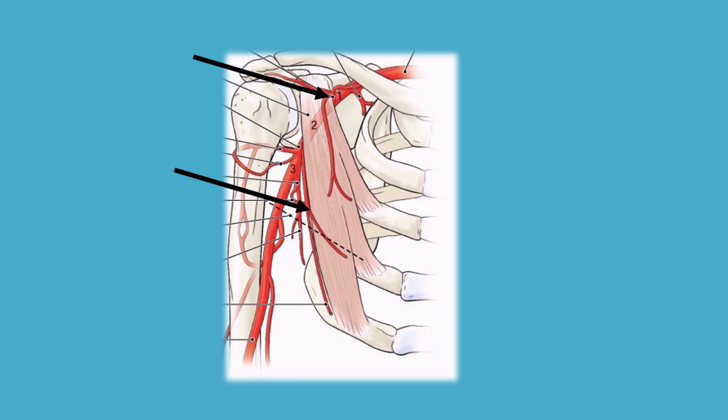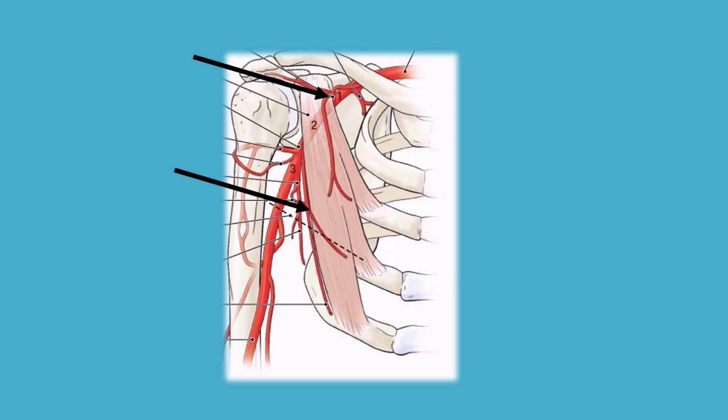The clavicular branch runs along the medial side of the clavicle and supplies the sternoclavicular joint and the subclavius muscle too. The pectoral branch pierces the pectoralis minor and pectoralis major and supplies these muscles.